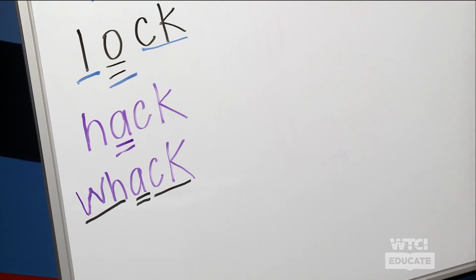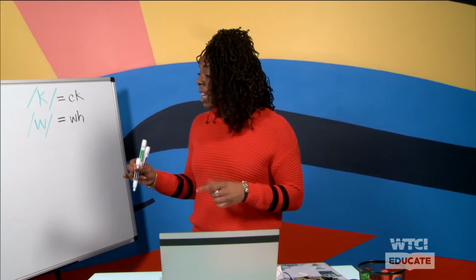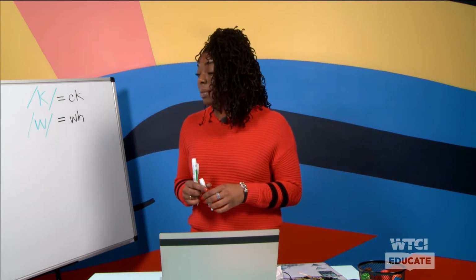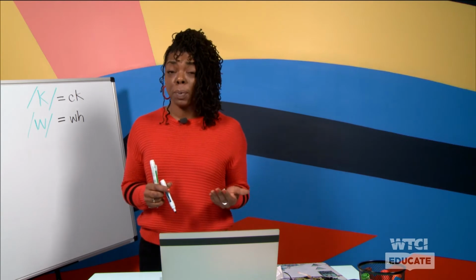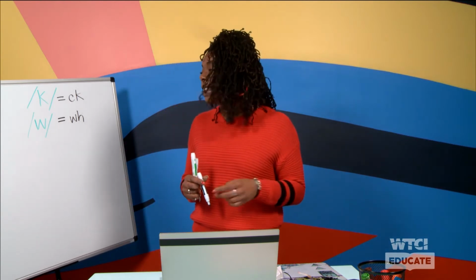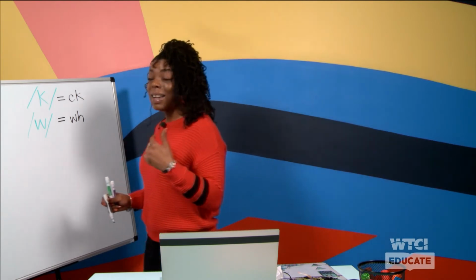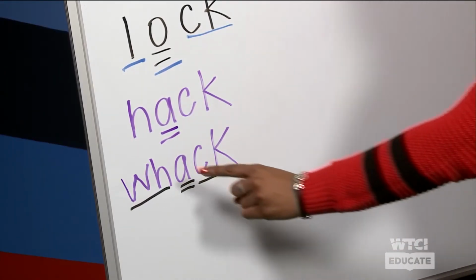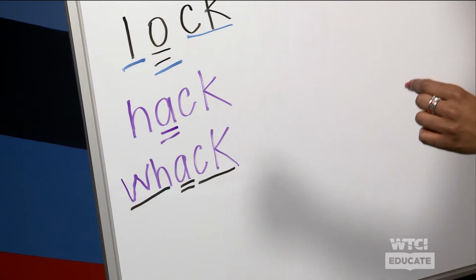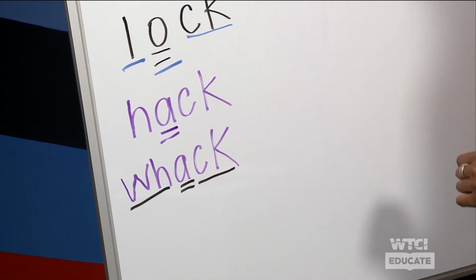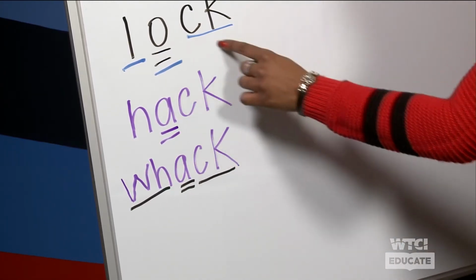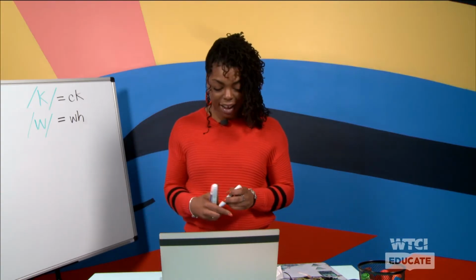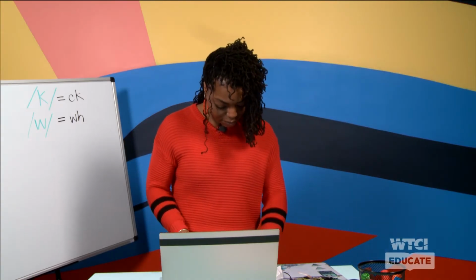Now, I want you to check and see what stayed the same, because that helps us to pronounce words when we notice what is the same. Well, I notice there's a short vowel sound. There's the word hack within the word whack. And I still have my digraph CK at the end. Okay? Awesome job.